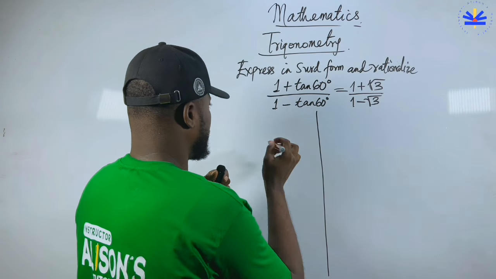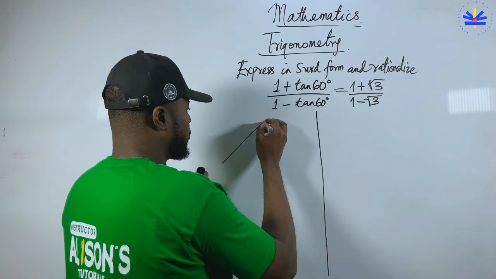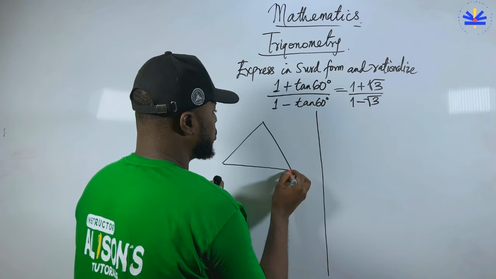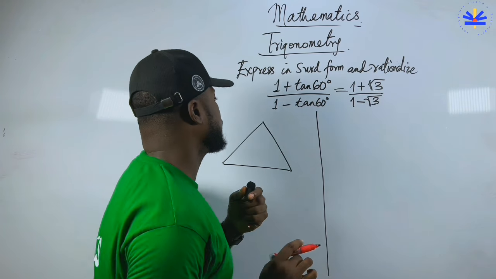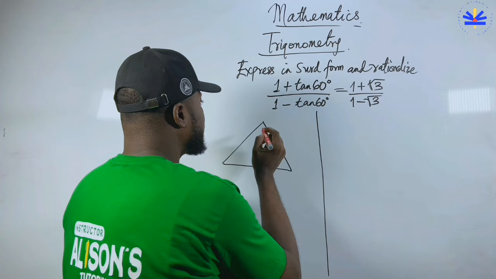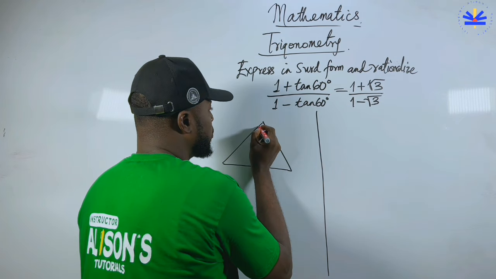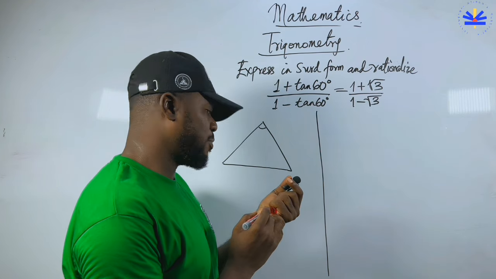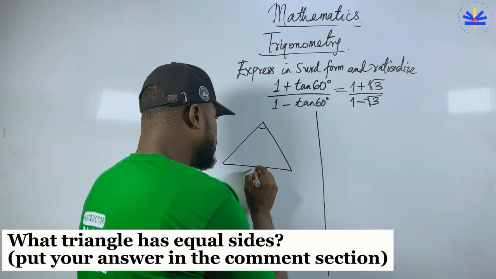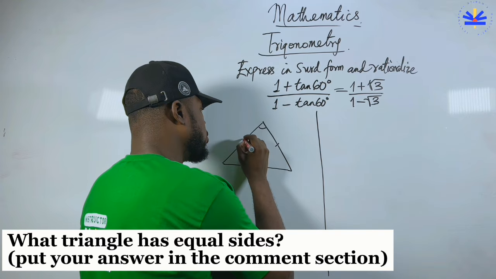First thing first, you draw a triangle. When you draw a triangle like this, you ask yourself which kind of triangle this is. This triangle has all the sides equal.